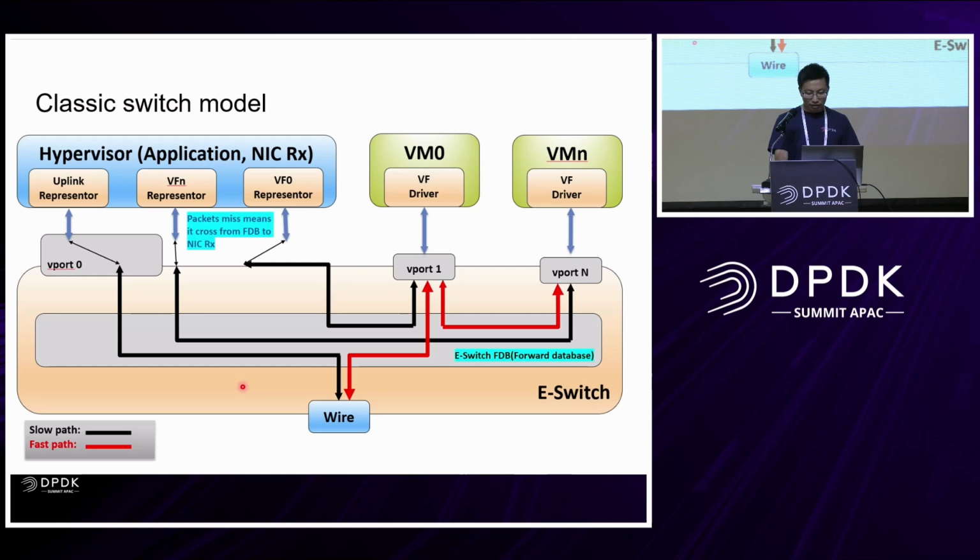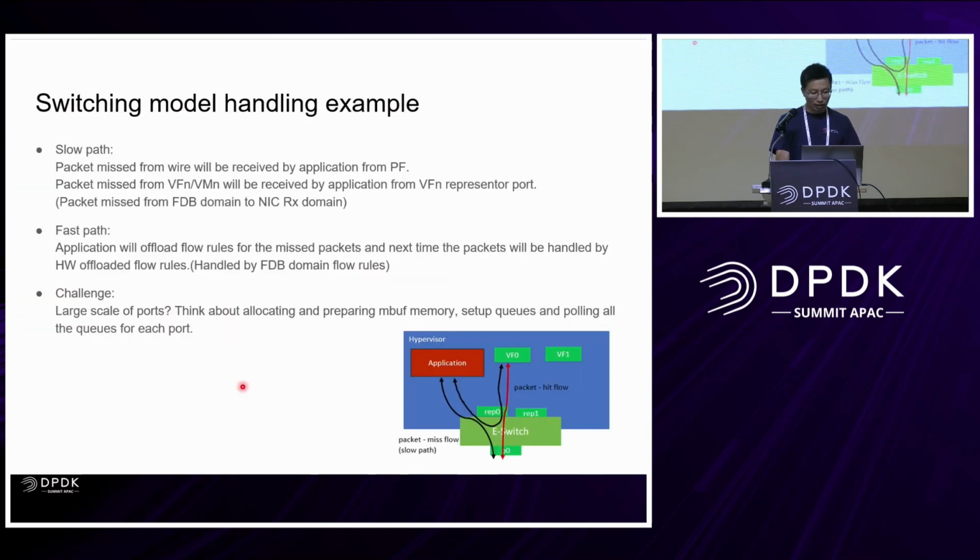Let's go to the next slide. Like we talked about, for the slow path, the packet will miss from the wire and be received by the application. For the fast path, the application will be bypassed and the offload rules will handle the traffic. So here comes the challenge. Nowadays we usually have a lot of VFs or SFs.